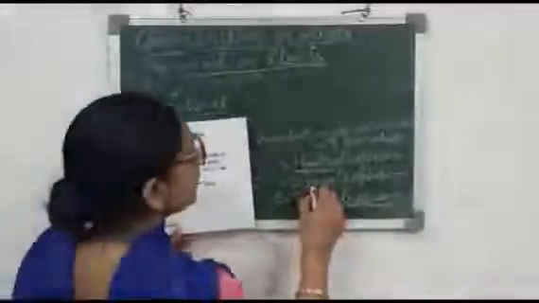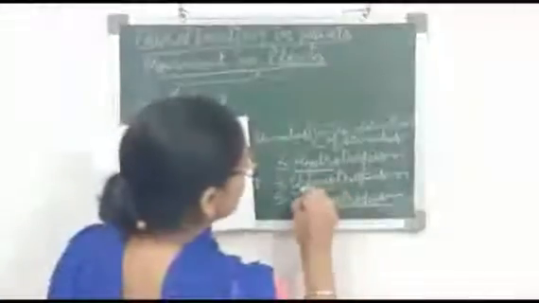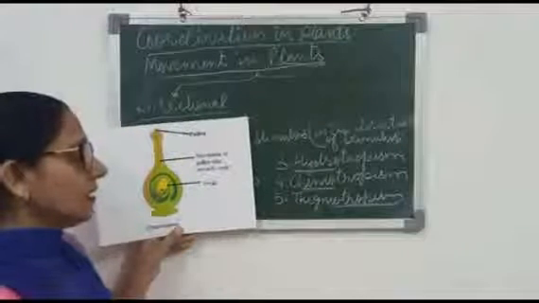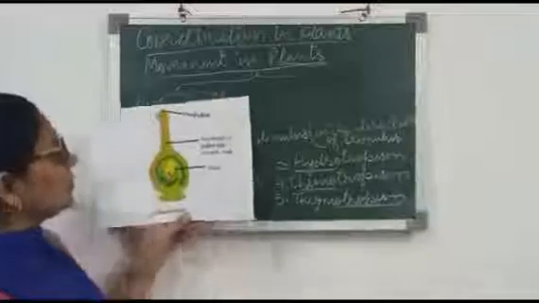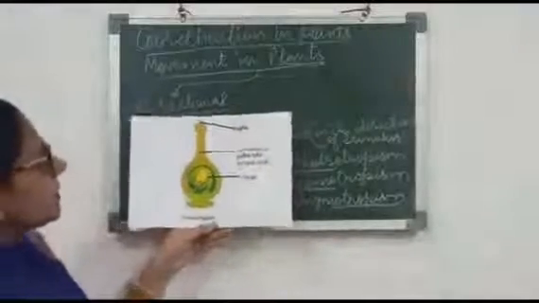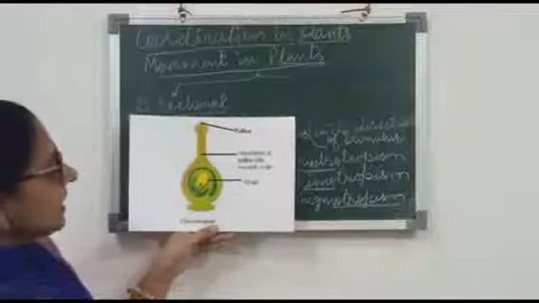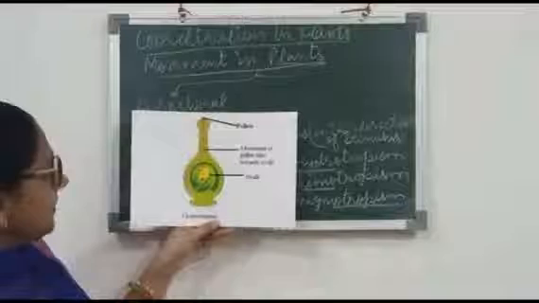Next one is chemotropism. Chemo word is taken from chemical. When a plant part is growing under the influence of any chemical, that is known as chemotropism.